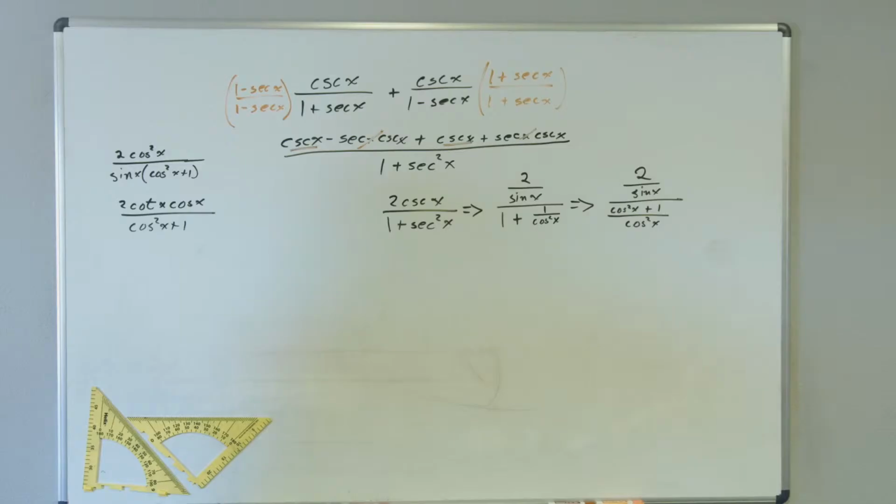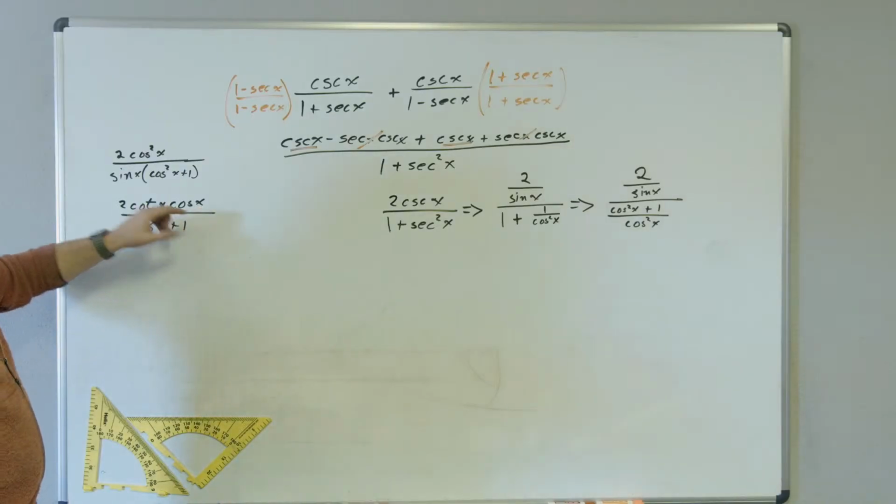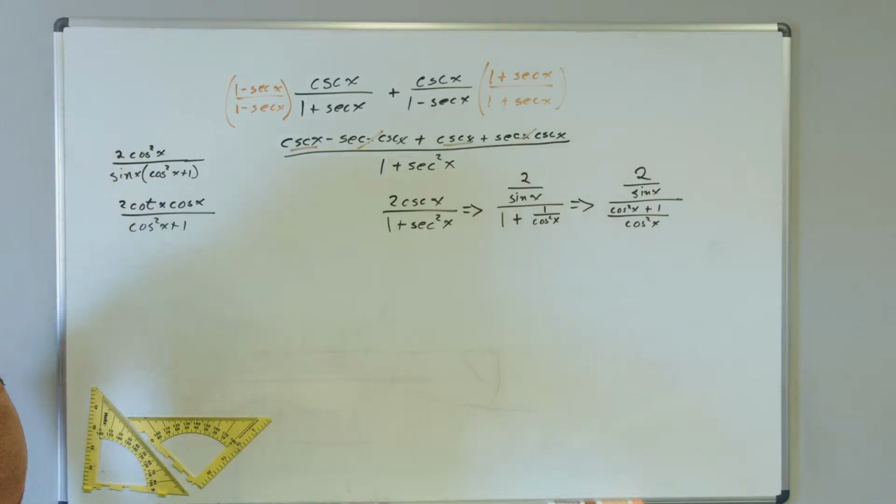How did sine become cotangent? Cosine over sine is cotangent. Oh, the squared. Yeah, that's why there's still a cosine here, but one of these turned into cotangent. But we don't know one squared. Never mind. Can we get this all in the same trig function? Not really.